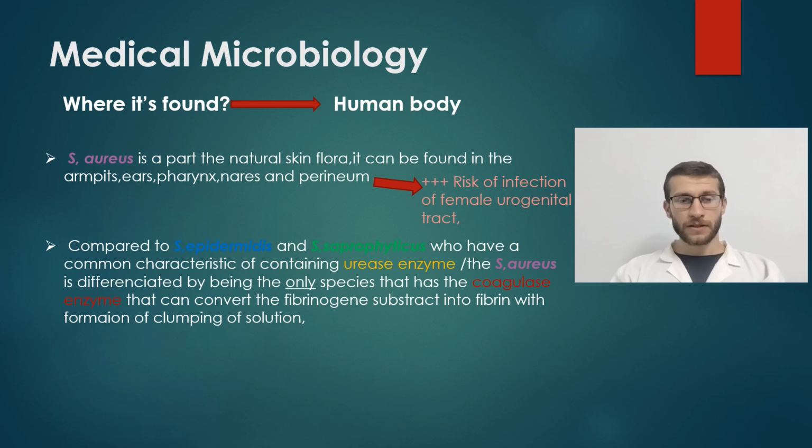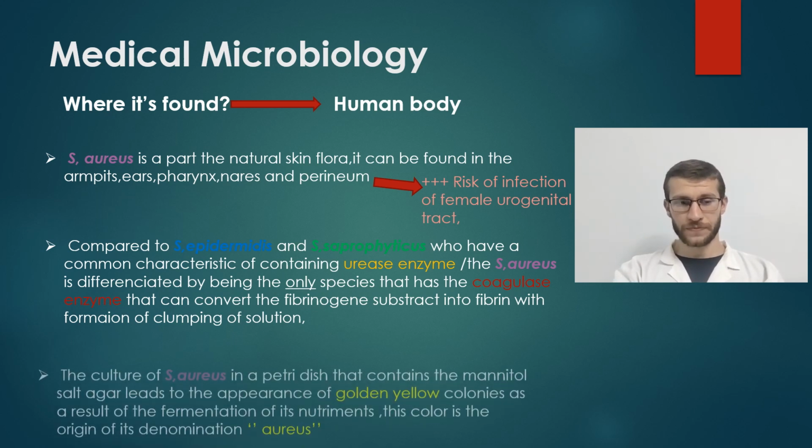Compared to Staphylococcus epidermidis and Staphylococcus saprophyticus, who have a common characteristic of containing urease enzyme, the Staphylococcus aureus is differentiated from them by being the only species that has the coagulase enzyme that can convert the fibrinogen substrate into fibrin with the formation of clumping of the solution.